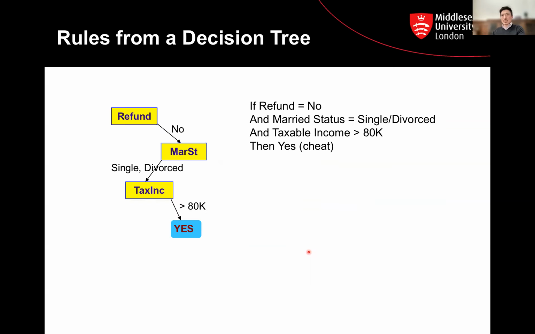And so these rules are useful in the sense that people can understand them, and you can try to see why that's the case. The other thing is people can actually use this to check whether the model makes sense or not, using common knowledge. They might want to say, okay, why are people with income greater than 80K likely to cheat? Or they might say, okay, that doesn't make sense at all. So maybe there's something wrong with the model or with the training data set, and people can check.